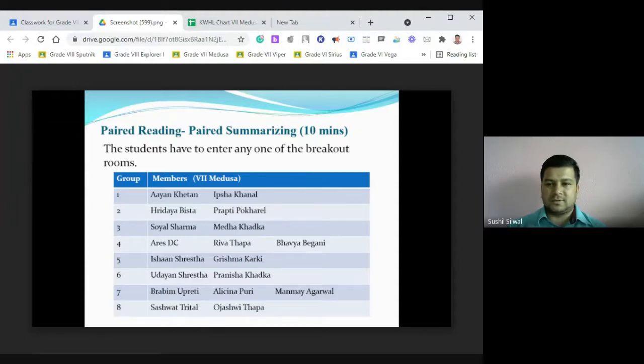Is that clear? And groups 2, 5, and 8, you are doing the second objective, the second line of inquiry. And groups 3 and 6, you will be doing the third objective.